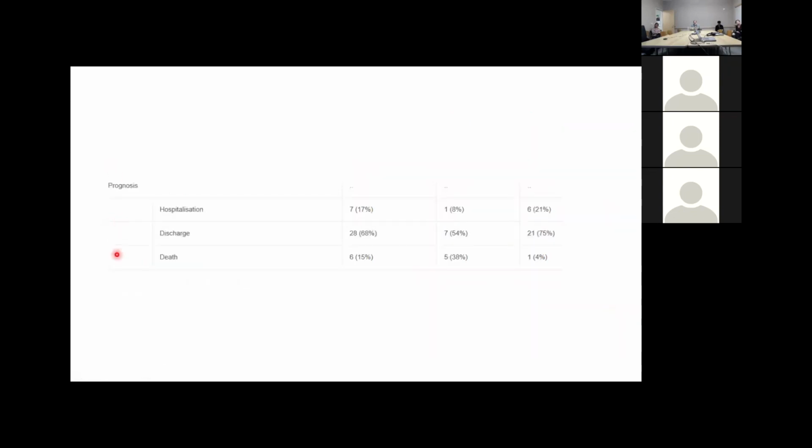And this is the outcome. Again, these are the same groupings: all patients, ICU patients, and non-ICU patients. So in the ICU patients, you can see that the death rate was 38%, so fairly high, but this is a relatively small series.